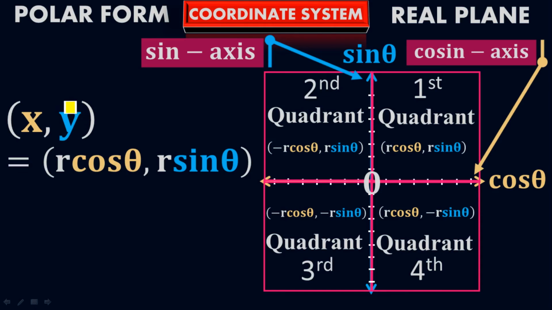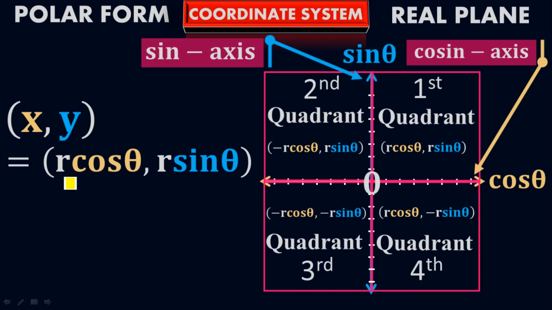I just want to compare the ordered pair of the Cartesian coordinate system for the real plane and the ordered pair of the polar coordinate system for the real plane. (x, y) is the ordered pair for the real plane, which was the xy plane for the Cartesian coordinate system. This is the ordered pair for the real plane of the polar coordinate system. In the Cartesian coordinate system, the first quantity was x.